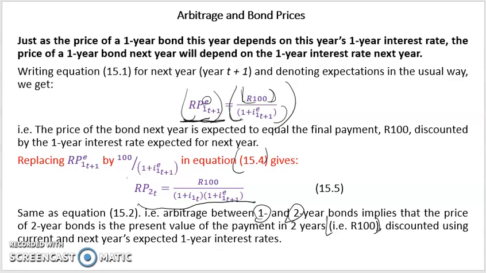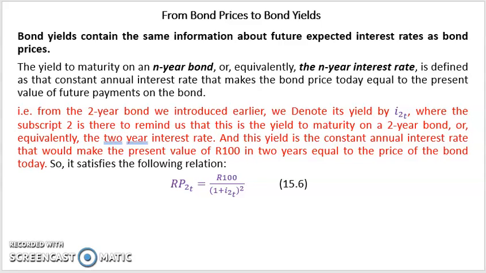This is clearly shown by equation 15.5. So the price of a 2-year bond is equal to the present value of the payment in 2 years, that is the present value of 100 Rand discounted by the current interest rate and next year's expected interest rate.